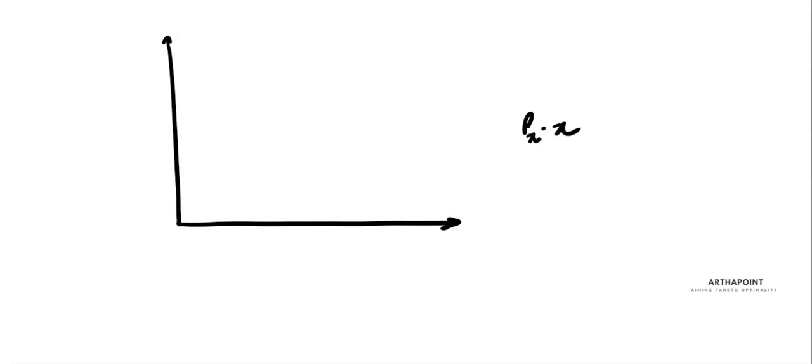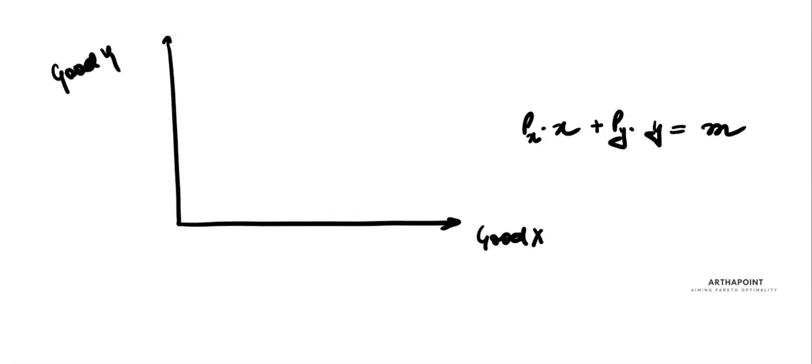If I ask you to make the usual budget line, you will tell me that it is PX into X plus PY into Y is equal to income of the consumer. If we have to plot this, with good X here and good Y here, then when Y is 0, X will simply be M by PX.